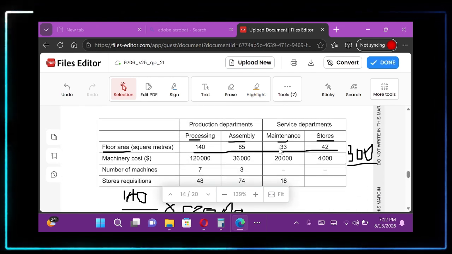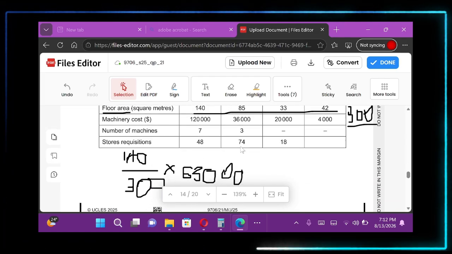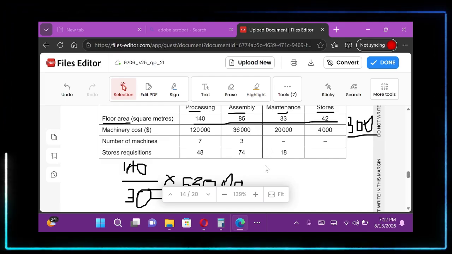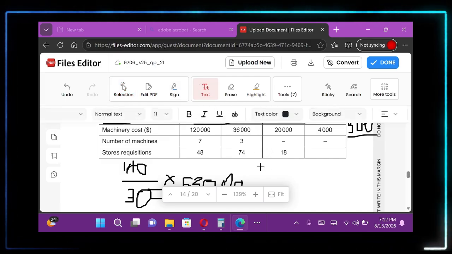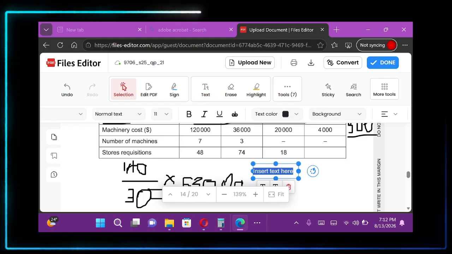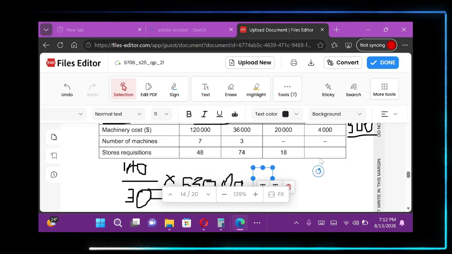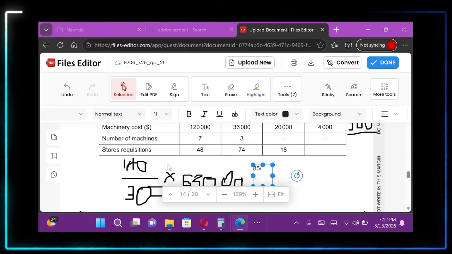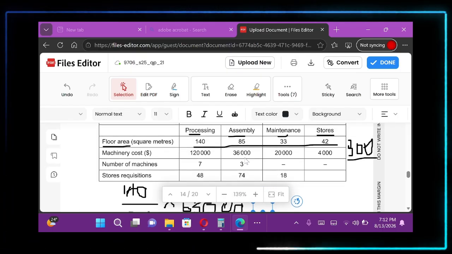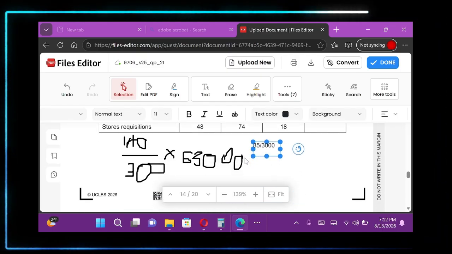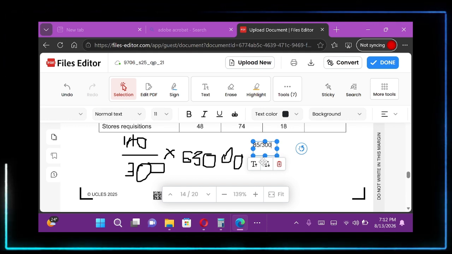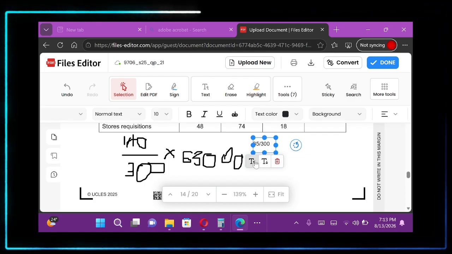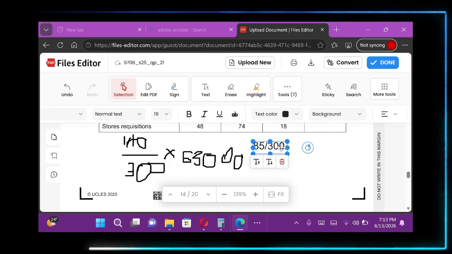Okay, for the next part, we're going to find the amount of assembly, which is this one. So what we do, we take assembly, 85 divided by 300. 85 divided by 300, hopefully you can see that better.